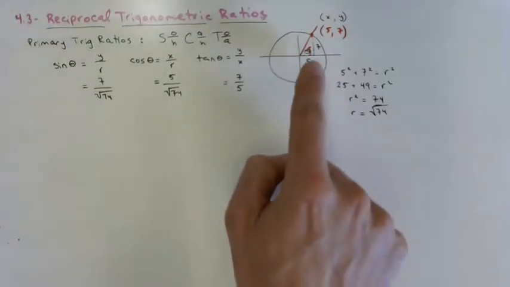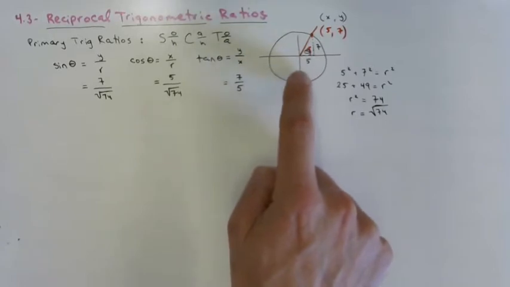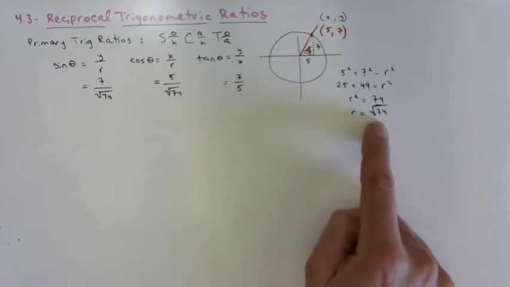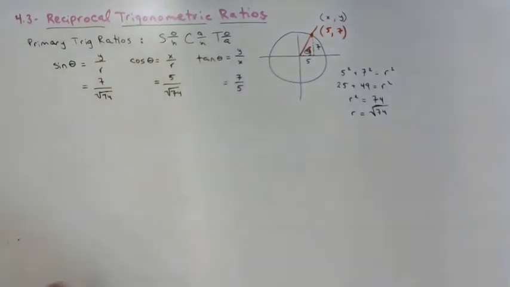Now, this circle is not a unit circle. I know that because the point 5, 7 could never be on the unit circle. This has a radius of radical 74, which is bigger than 8 but less than 9. So it's clearly not a unit circle. A unit circle has a radius of 1.